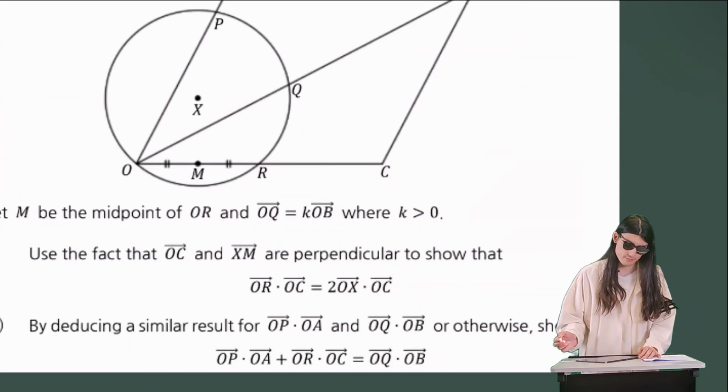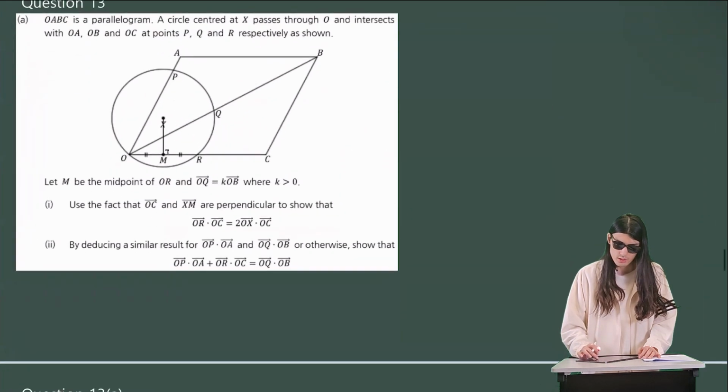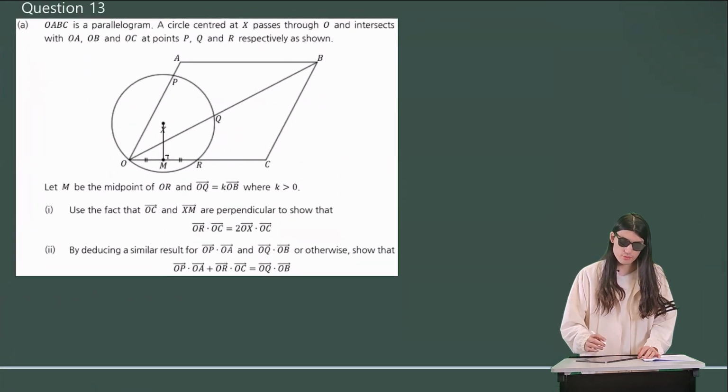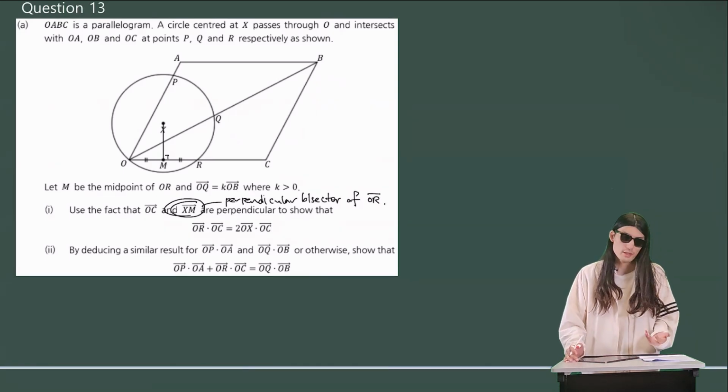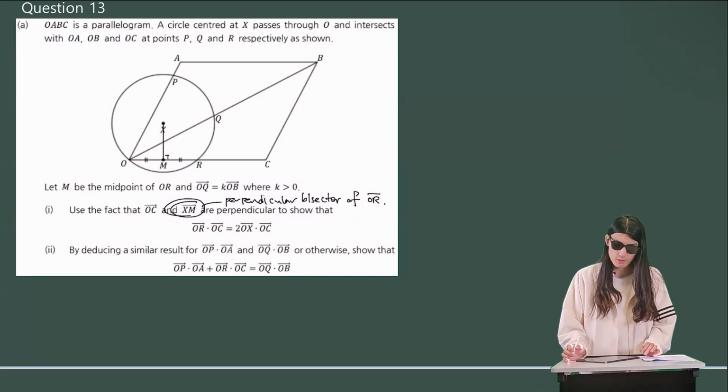So if you look over here, if you draw XM and you note the fact that this is perpendicular to OC as the question says, that is essentially telling you that XM is the perpendicular bisector of OR, isn't it? Right? Because M is also the midpoint of OR.